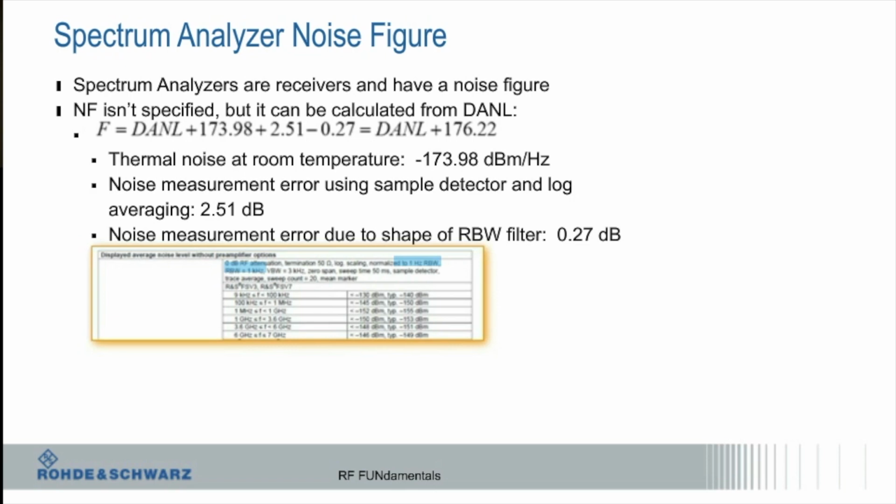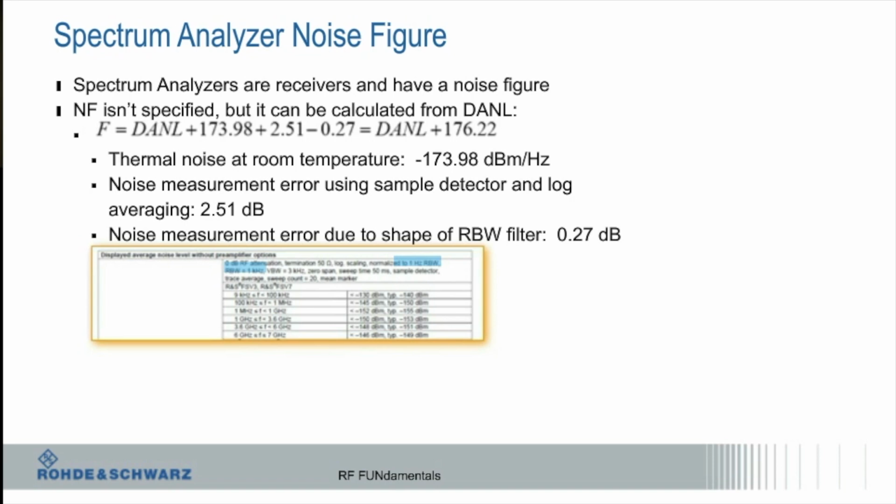They do have a noise figure, but they typically don't specify it. It's probably not a good number, usually, if you take extreme examples, so that's a lot of why they're not specified.